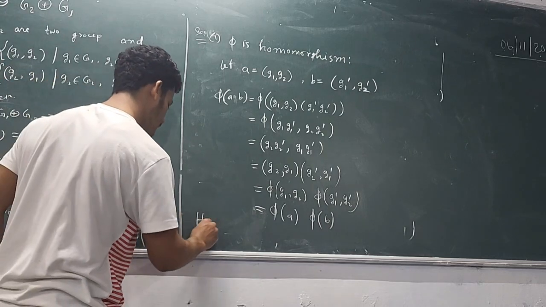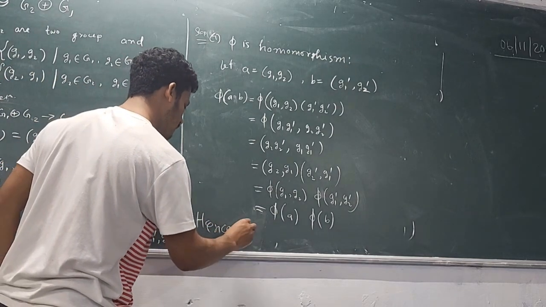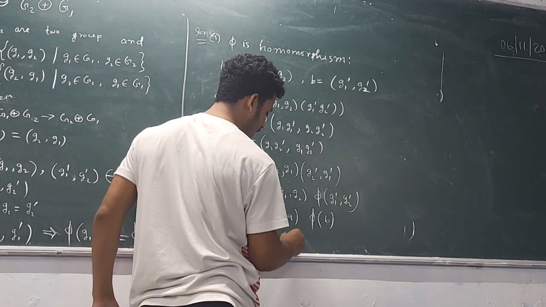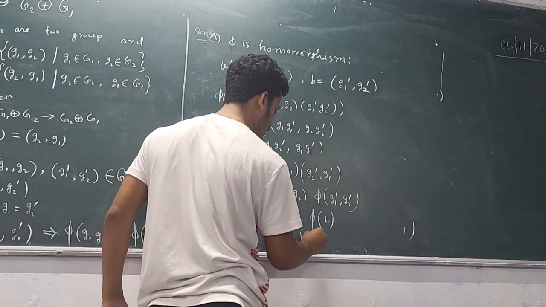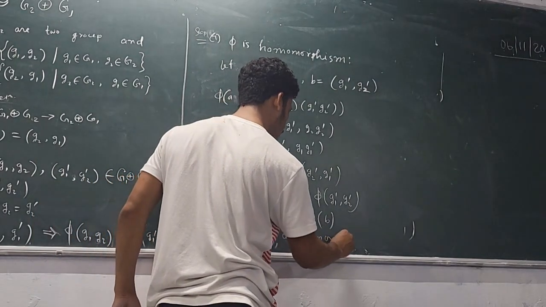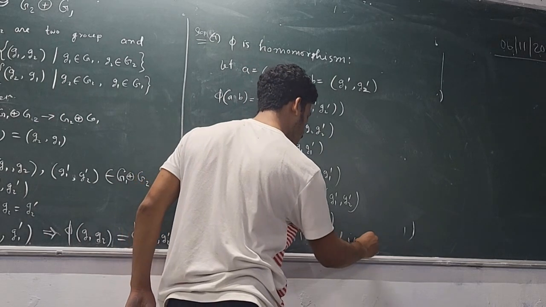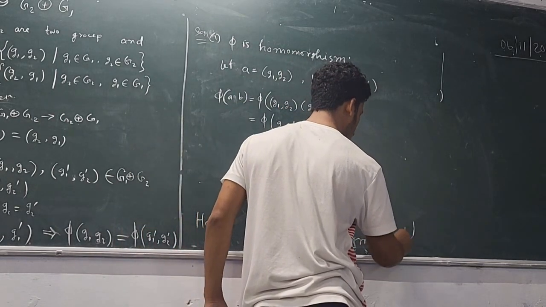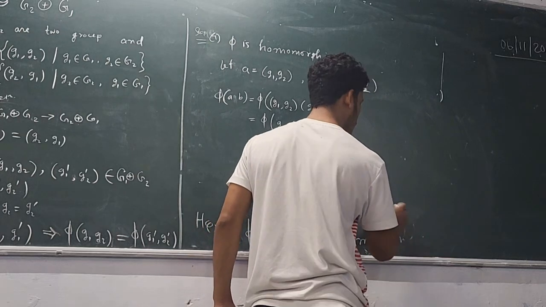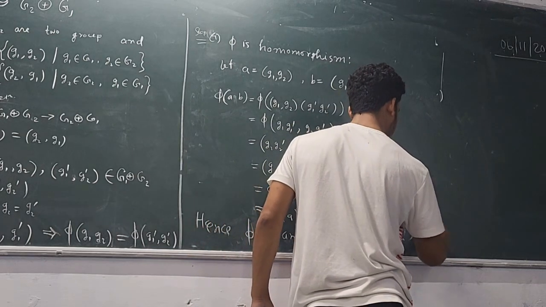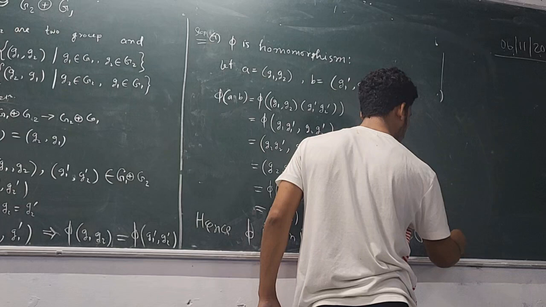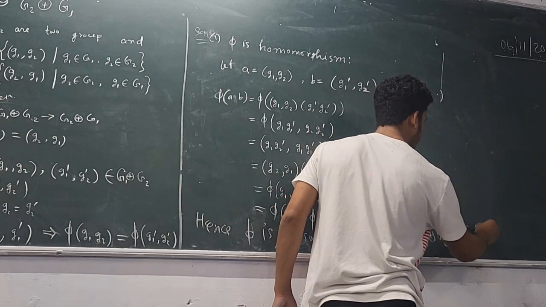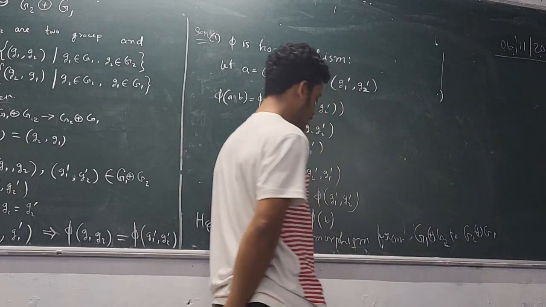Hence you write phi is an isomorphism from G1 external direct product G2 to G2 external direct product G1.